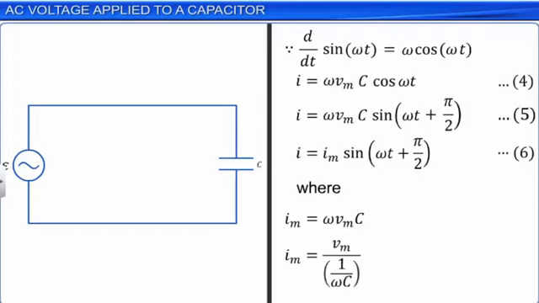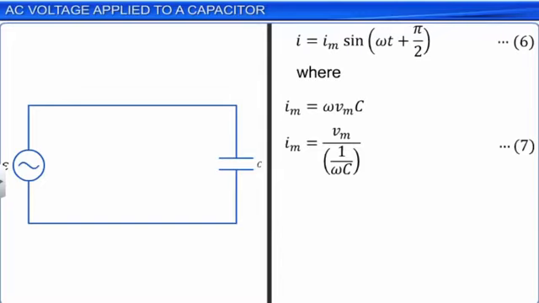Here, 1/ωC is analogous to resistance and is called capacitive reactance. Capacitive reactance is denoted by Xc. Hence, capacitive reactance is the inverse of the product of angular frequency, ω, and capacitance, C. Let this be equation 8.